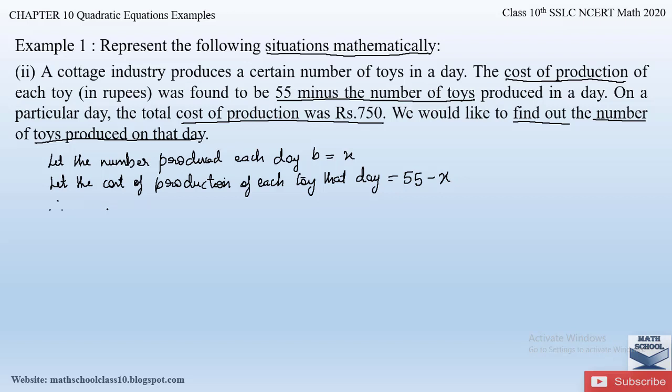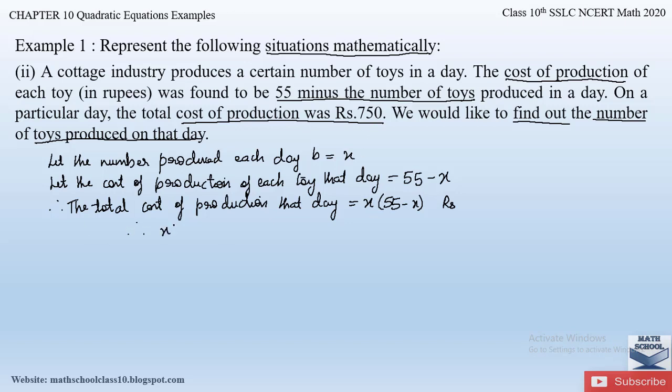So we have to find out the total cost of production. The total cost of production that day will be the number of toys produced each day into the cost of production for each toy, which is 55 minus x rupees. And also in the question, if you notice, they have given us the total cost of production was rupees 750. So let us equate this to 750.